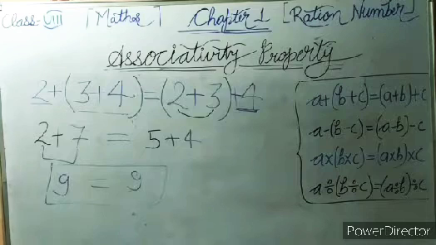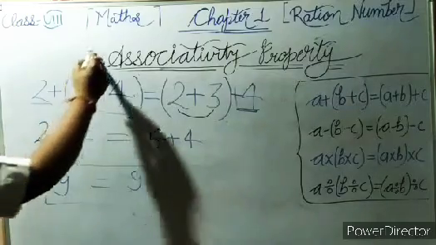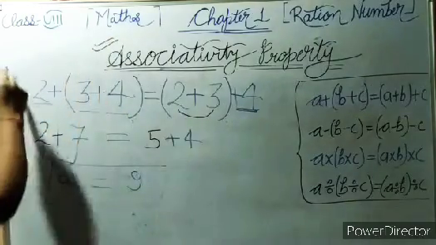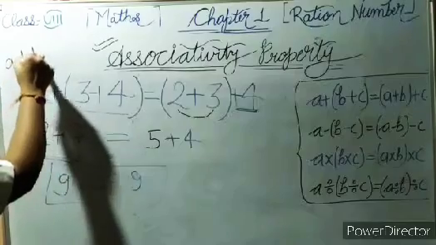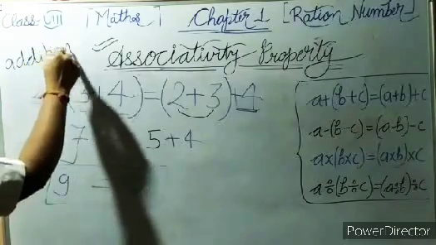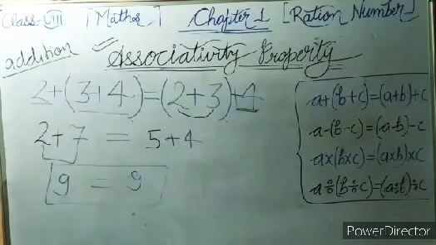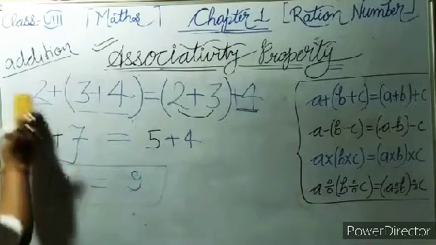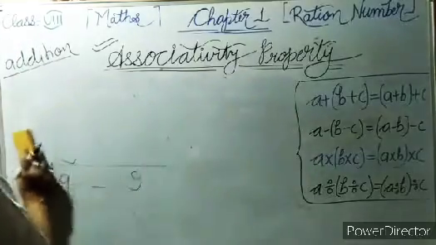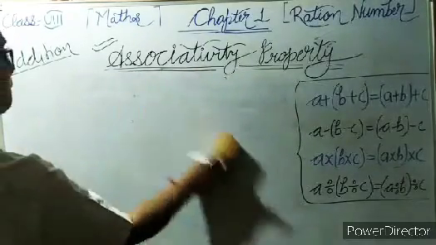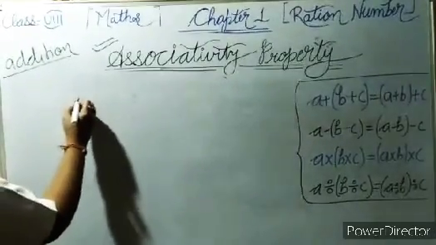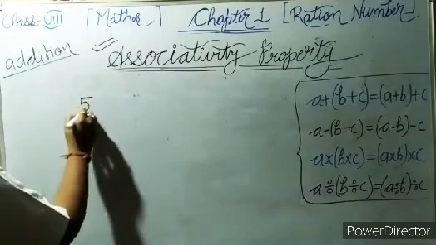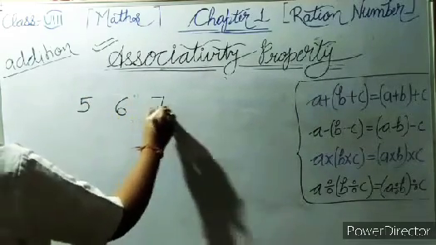So we can say that addition is associative. Okay, addition is associative. If we take another example, here we are going to take 5, 6, 7.